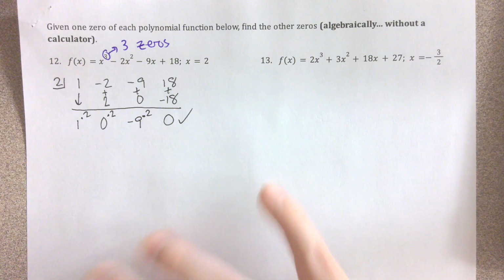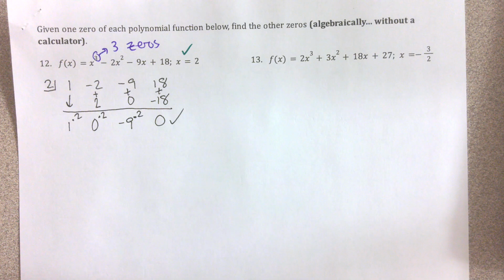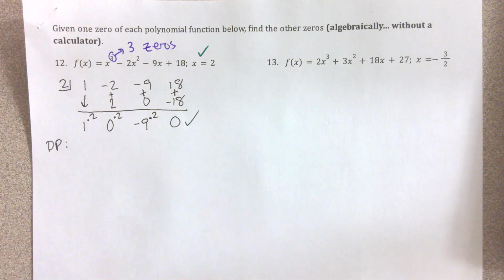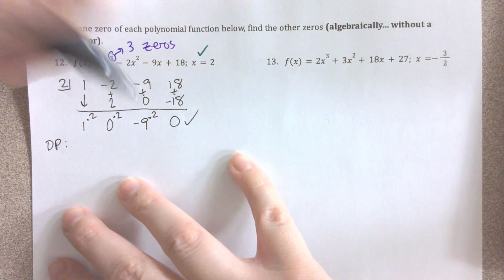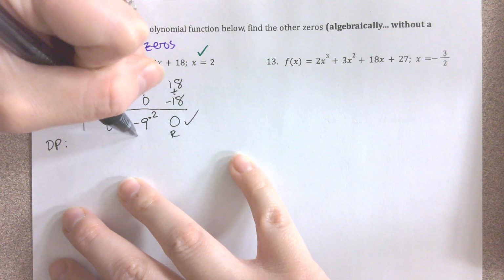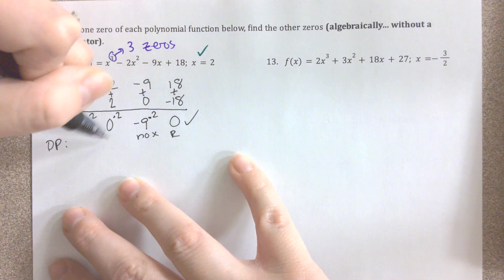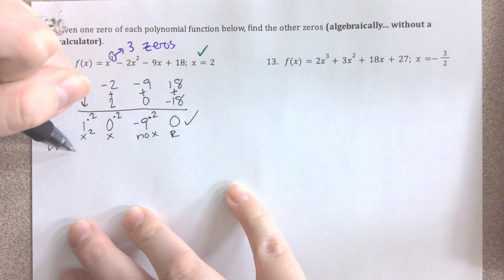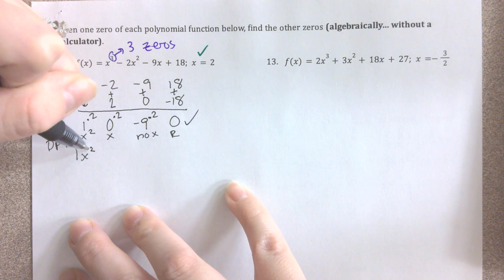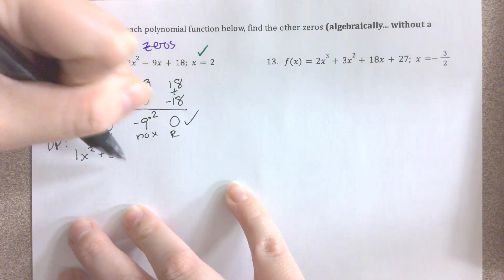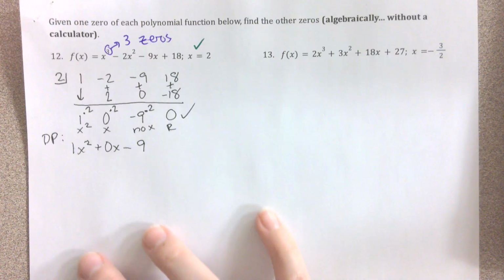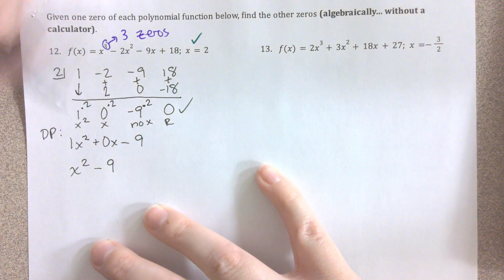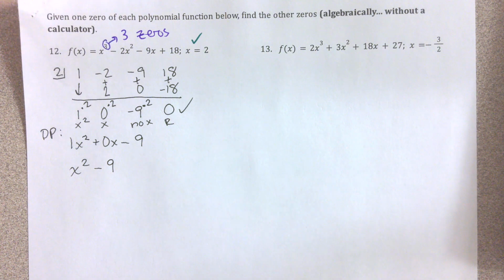That's the only 0 that we have to divide, so we need to turn this into the depressed polynomial and go from there. So remember, this is remainder constant, so no x, x, x squared. So we get 1x squared plus 0x minus 9. I'm going to write that again. X squared minus 9 if we drop all the nonsense things.